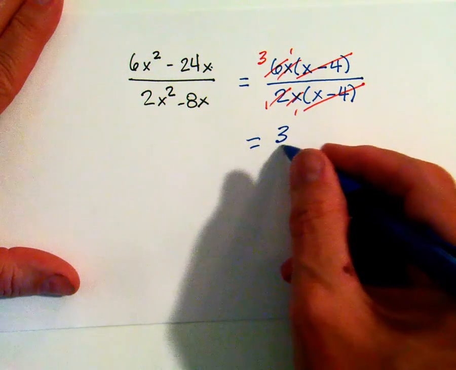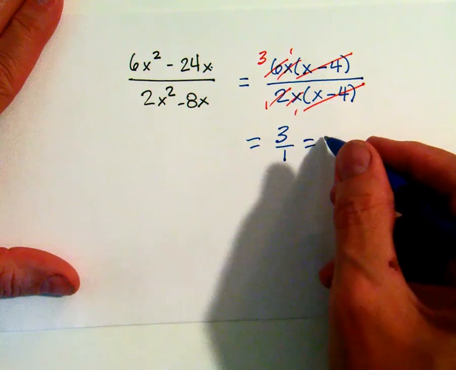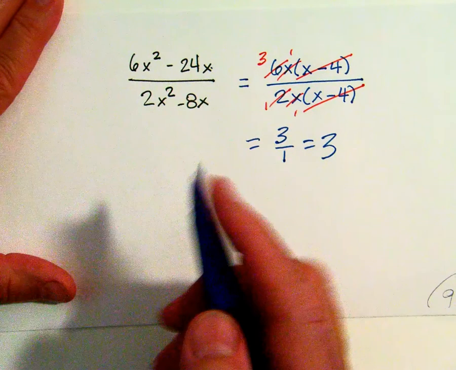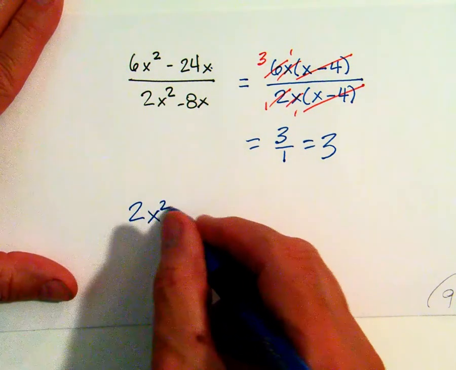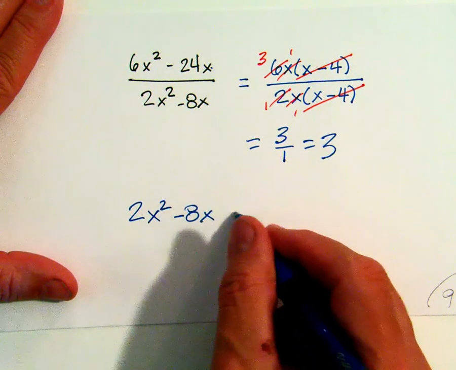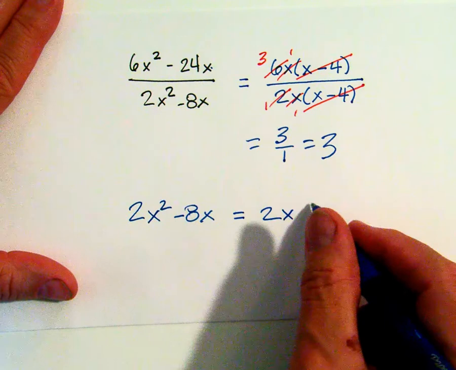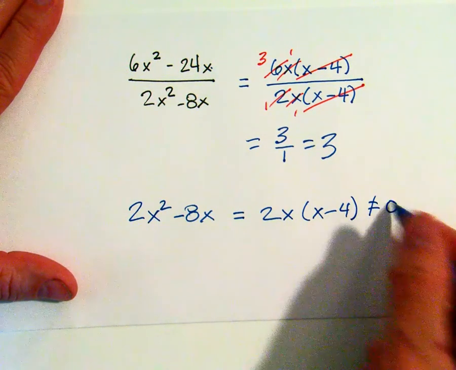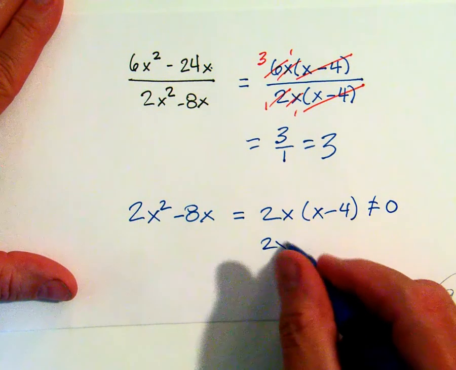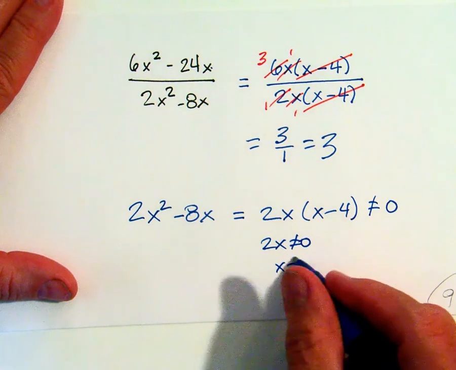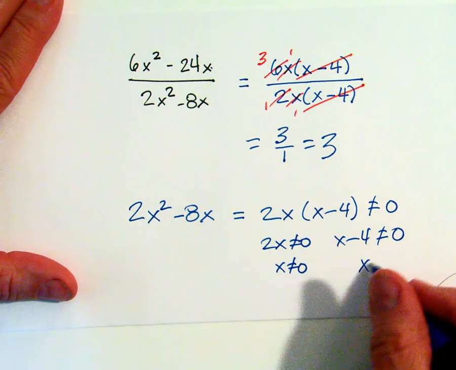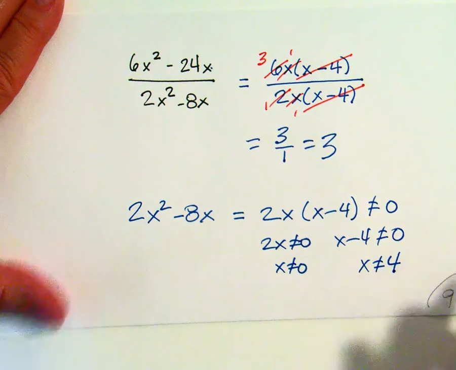So that's 3 over 1 and that's 3. You're going to need to find the excluded value. That'll be done the same way that we've been doing it. So 2x does not equal 0, and x minus 4 does not equal 0. There are your excluded values.